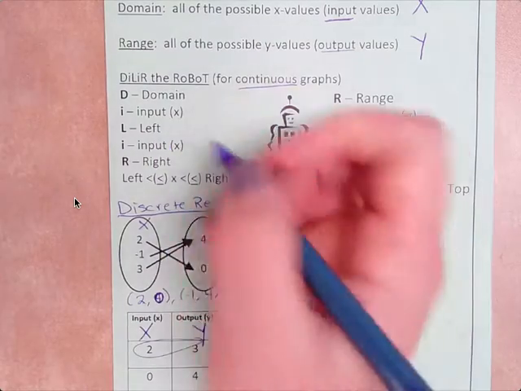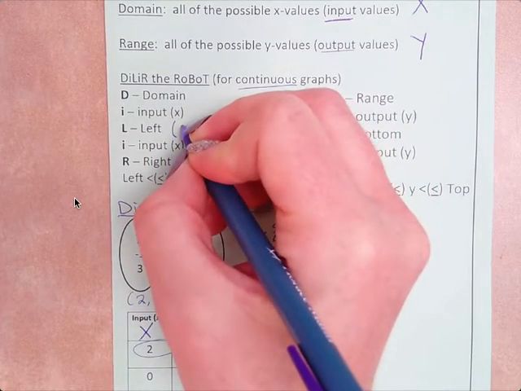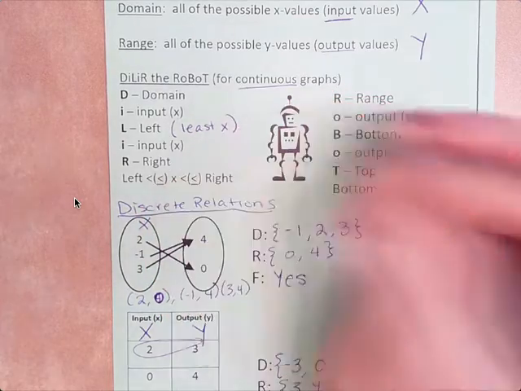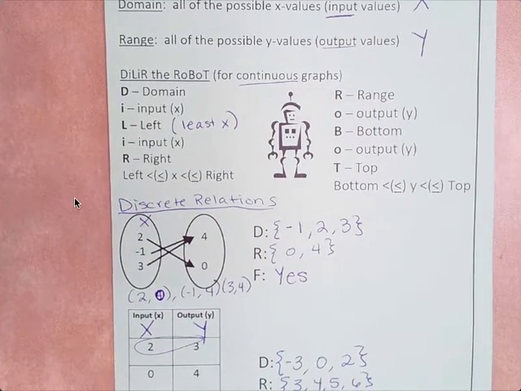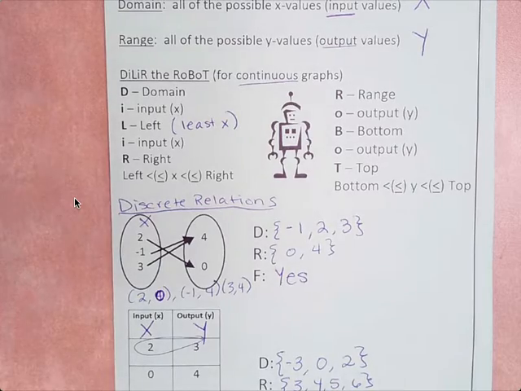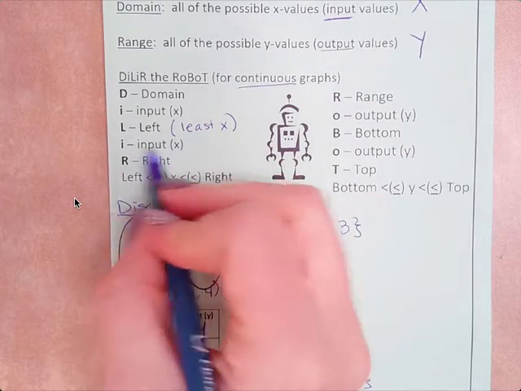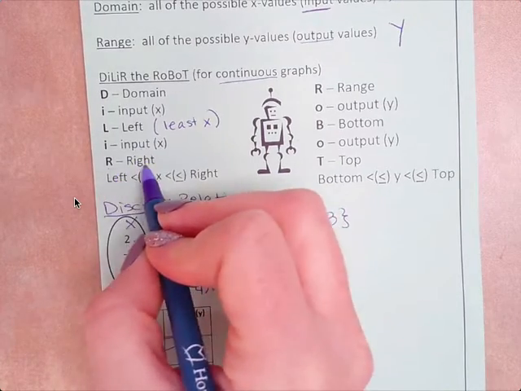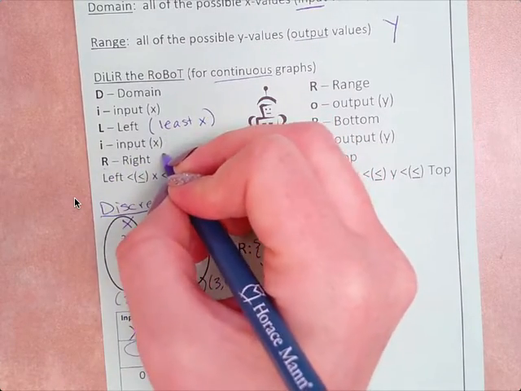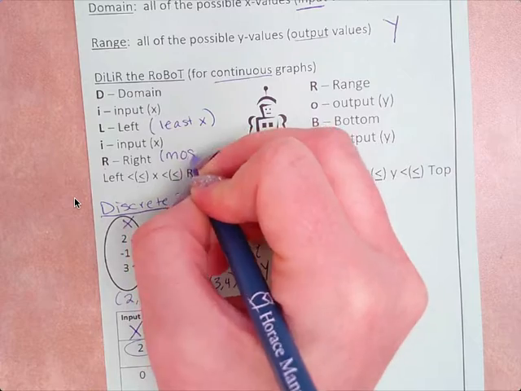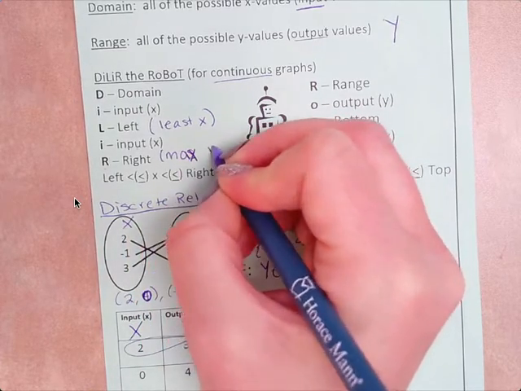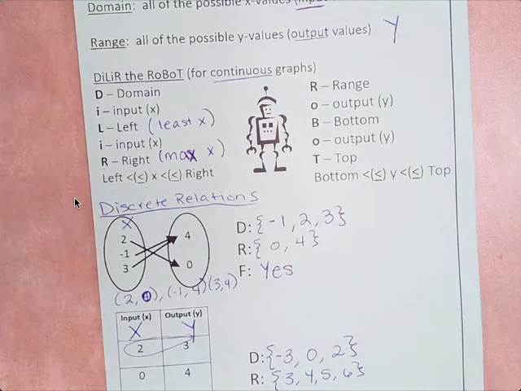What is the least number? So left being least X. What is the least X value? And then input again. And then right would be our most, or max. I'm going to put max. Max X, the maximum value that X has.